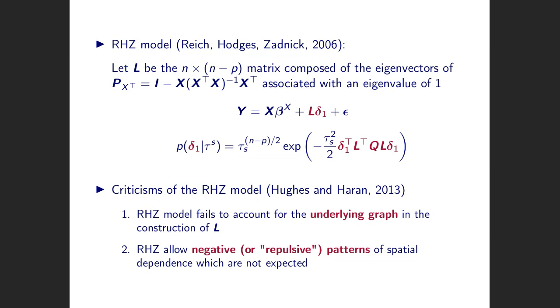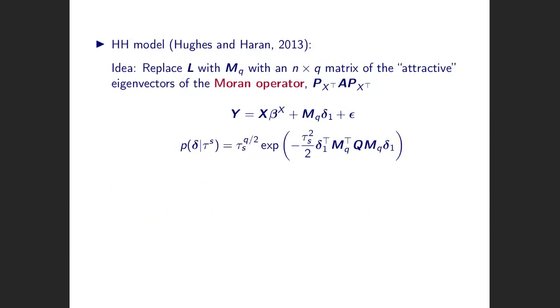They also criticized that in some sense L was bigger than it needed to be because it includes negative or repulsive spatial patterns, which are not expected. So what they propose is, instead of L, to use what they call MQ.